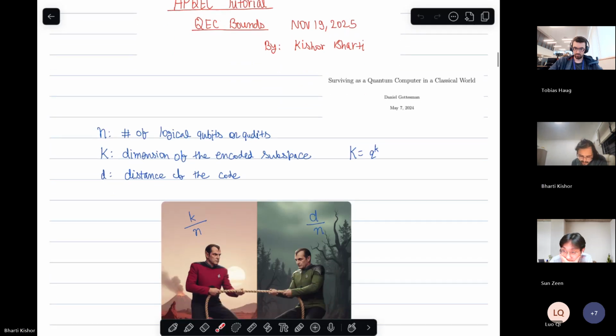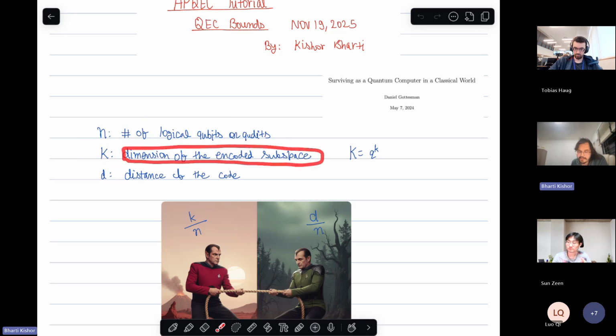So let's say n is the number of physical qubits that we are working with. Capital K is the dimension of the encoded subspace.